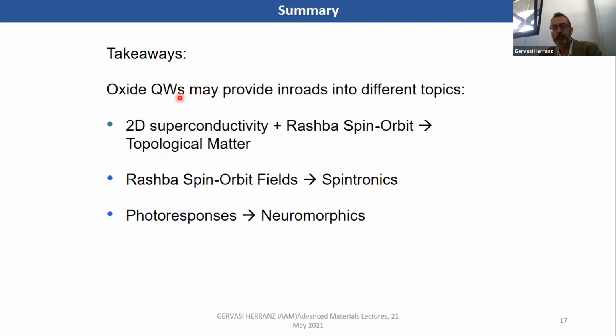These kind of quantum wells, as I said, can give interesting inroads in topological matter, in spintronics due to the property of Rashba spin-orbit fields, and additionally, one possibility is that this kind of unusual photoresponses could be of potential interest also for the field of neuromorphics. And so I think that's the end of my talk.